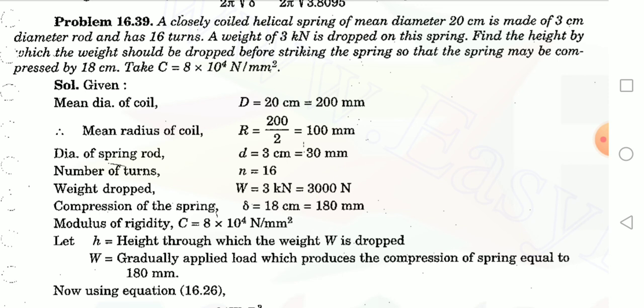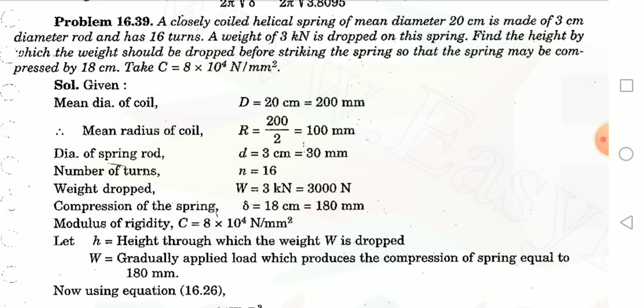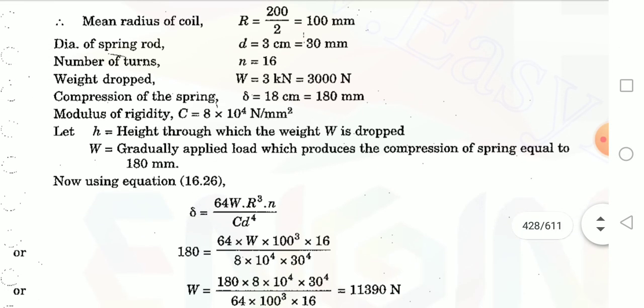H equals the height through which the weight W is dropped. W, gradually applied, produces the compression of the spring equal to 180 mm. You know that the deflection equals 64 W R cubed N divided by C d power 4, which is a formula.